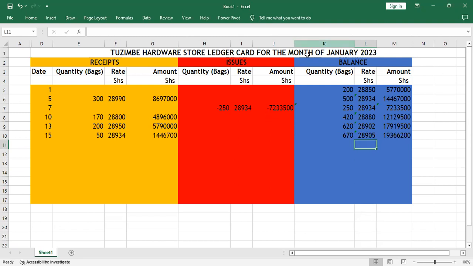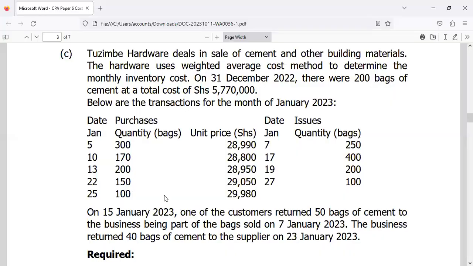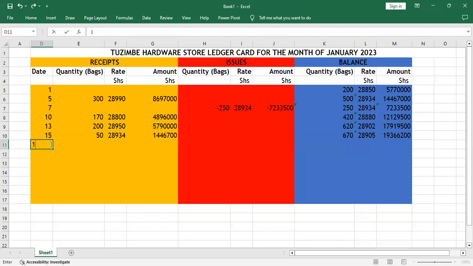We move to the next transaction. We need to see what happened next after 15th. Of course, now we move to 17th, where we are issuing 400 bags. So on 17th, we issued out 400 bags. Don't forget to record under the issues, because it's a sale. Remember, we value these bags at the average cost per bag as at that date.